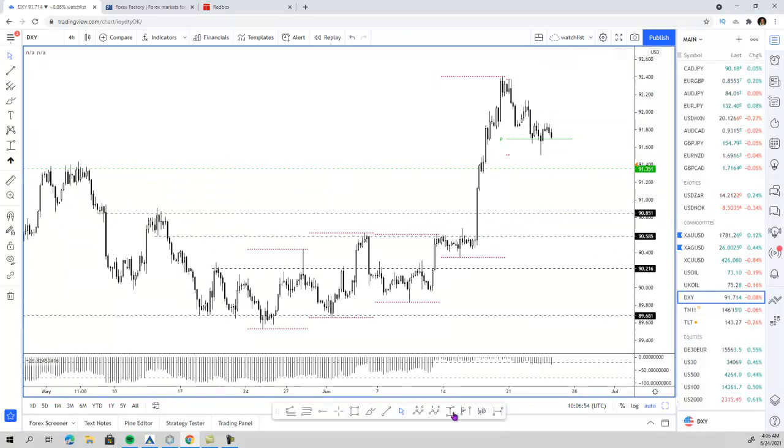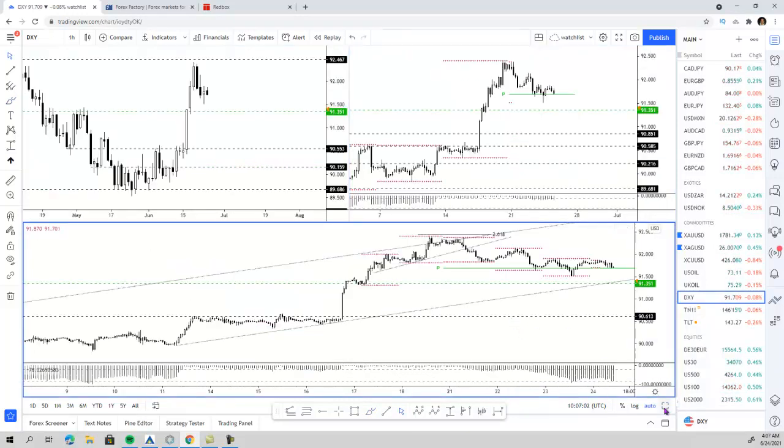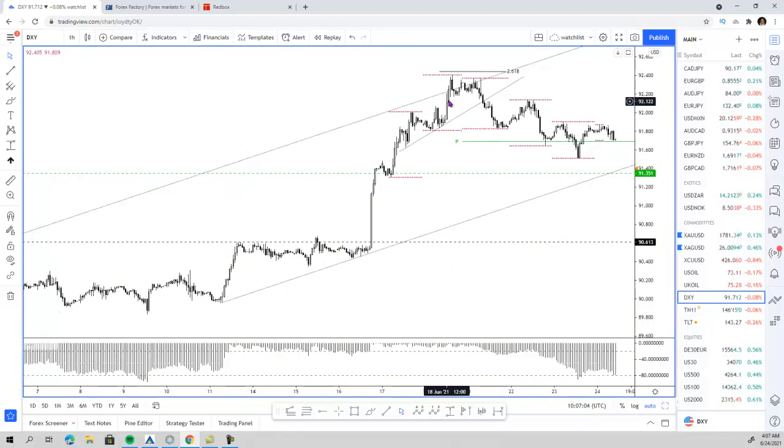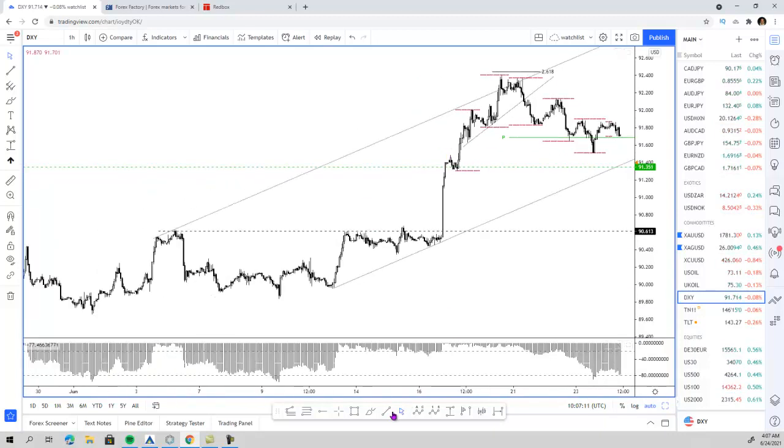But right now, like I told you, the downside is being capped by this zone. On the hourly, this is what I was looking at at the beginning of the week, and this is why we were just looking for sales on the US dollar. The DXY was retesting the top of that structure and creating a reversal pattern at a very important bullish target.